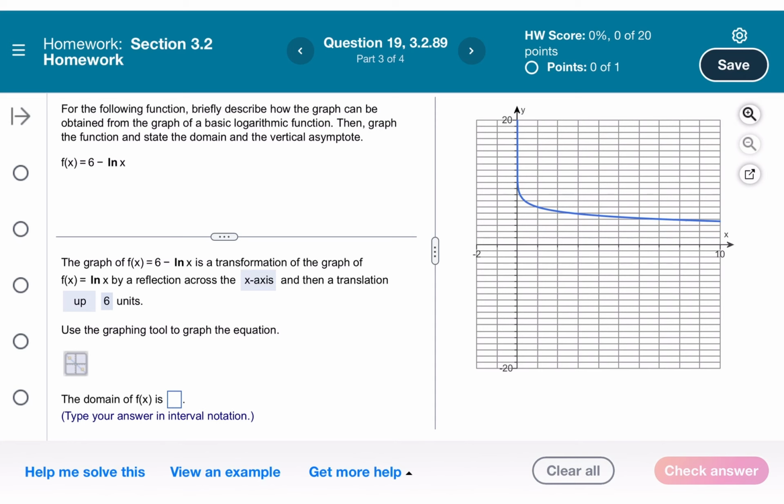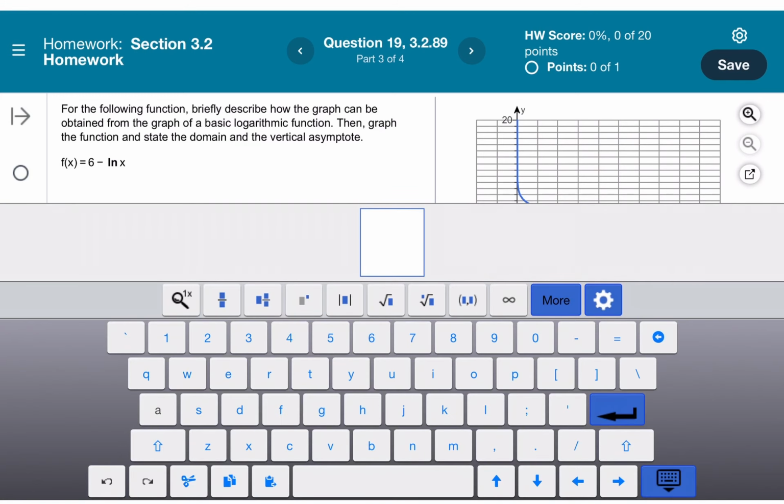From the very left to the very right, the very left gets really close to x equals 0, and then it goes off to infinity to the right, all right? So the domain is going to go from 0 to infinity. And we don't actually reach 0. We get infinitesimally close to it, but we don't actually reach it. So 0 to infinity.